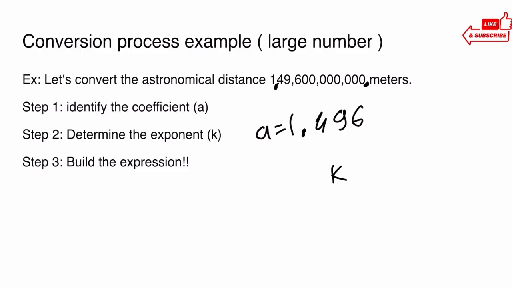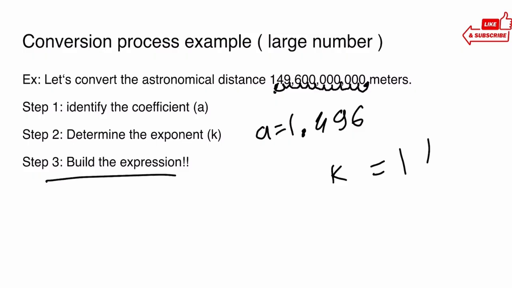So how many places do we need to move and in what direction? In this case, we're moving to the right, so our k value is going to be positive, and let's count how many places we're moving. So we have 1, 2, 3, 4, 5, 6, 7, 8, 9, 10, 11. So our k is 11, and then step 3 is going to be to build the expression.